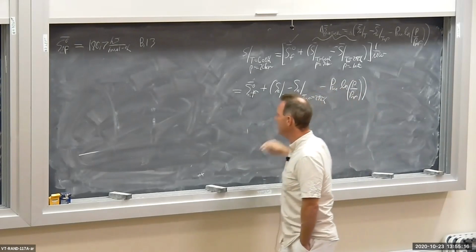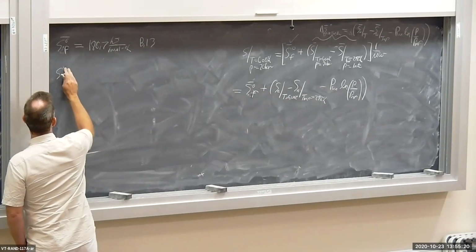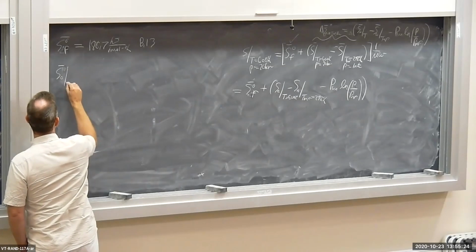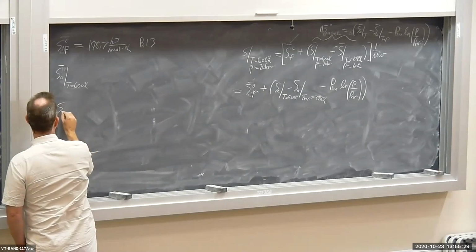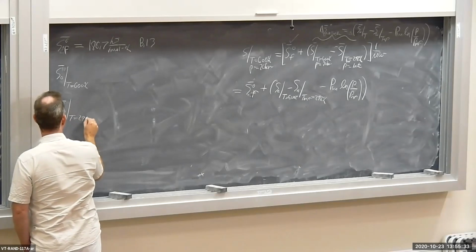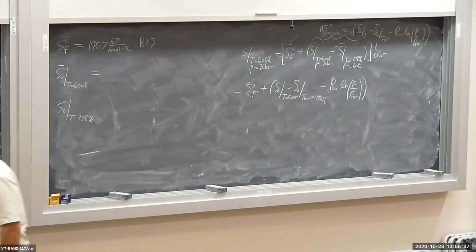So I need to look up S naught bar at 600, and S naught bar at 298 degrees Kelvin, which is my reference temperature. Let's go look those up.